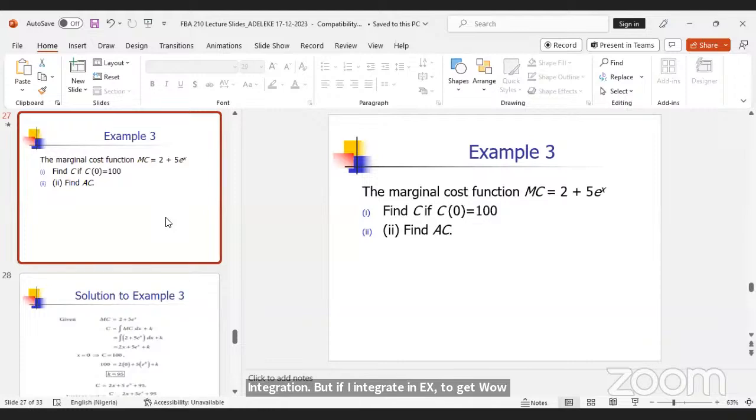However, if you are integrating e^(ax), then the integral will be e^(ax) all over a, right? This function is straightforward enough. Now let's look at what we have. The marginal cost is 2 plus 5e^x.